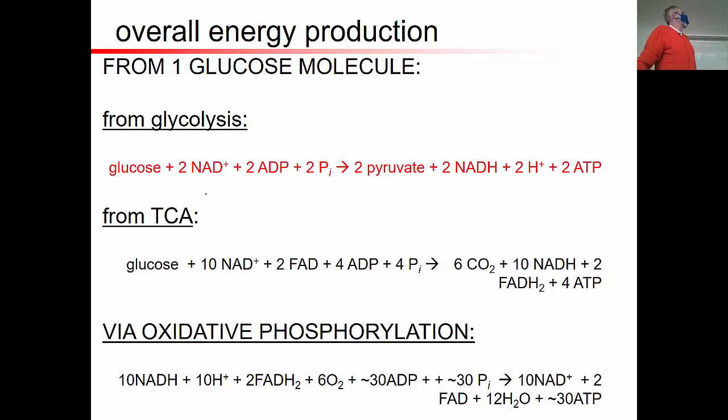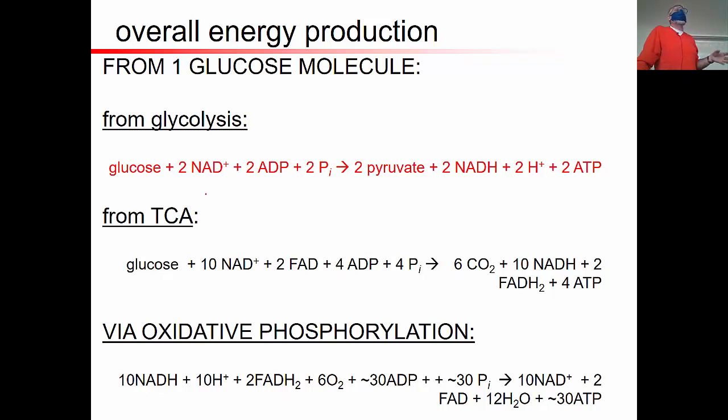So at the top we see what we got out of glycolysis, 2 ATP, not so thrilling. From the TCA cycle, along with glycolysis, we get 4 ATP. But if we look at this using oxidative phosphorylation, it's approximately 30 ATP, maybe as high as 36.